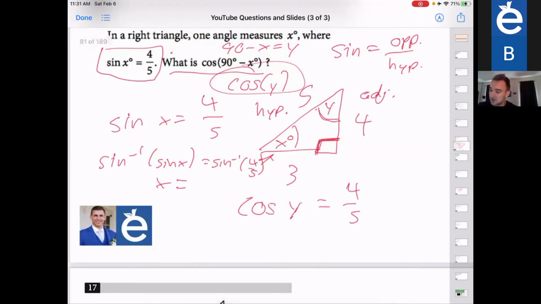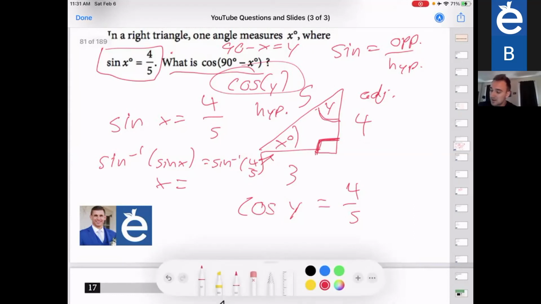Turns out that's what I originally had, right? The cosine of this angle y is the same thing as the sine of this angle x. They're actually describing the same relationship, just written two different ways. So the answer here is 4/5.